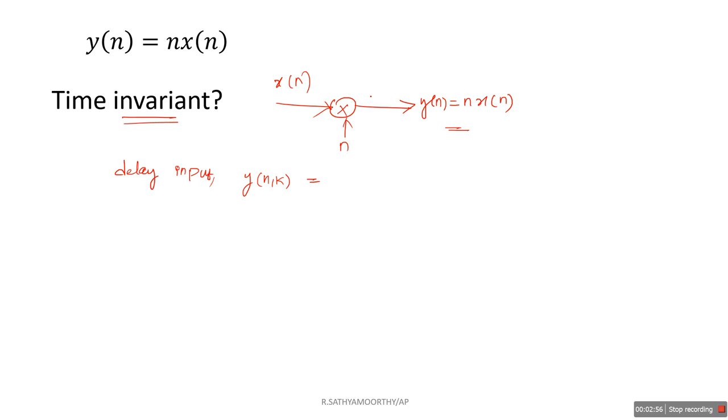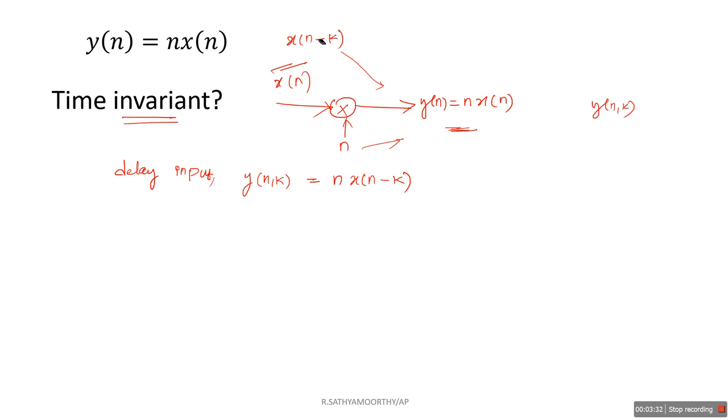When I delay the input by k units, I have x of n minus k. Now I observe the output y of n comma k. What is y of n comma k? That is n multiplied by x of n minus k. I delayed the input alone and observed the output here.